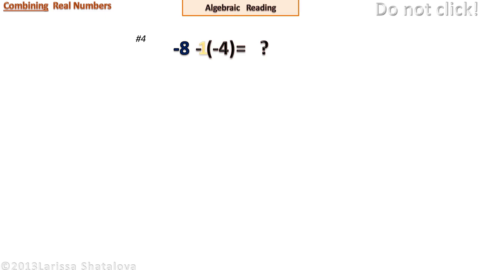And we will use magic number 1. We remember how to remove parentheses. Now what do we have? Negative 1 times negative 4. Negative times negative gives us positive. 1 times 4 is 4. And the first number we have to keep. As a result, now we have negative 8 and positive 4 is negative 4.